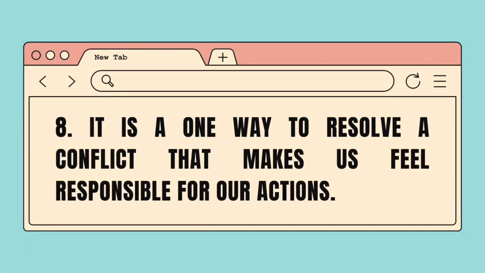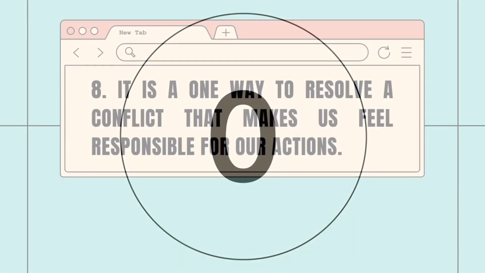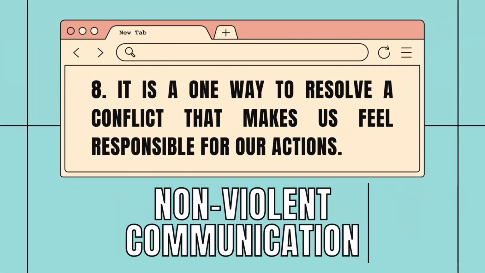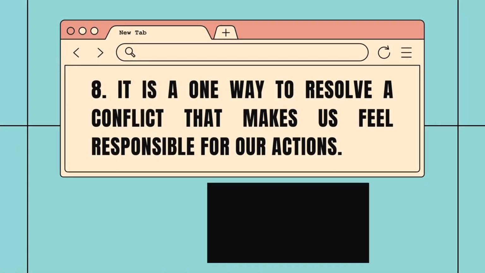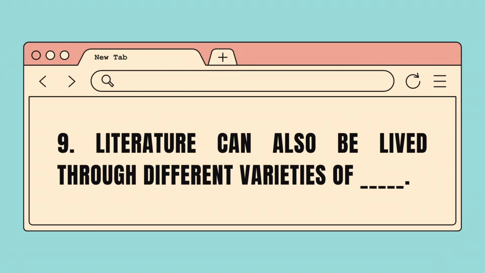Number 8. It is a way to resolve a conflict that makes us feel responsible for our actions. The correct answer is nonviolent communication. For number 9, literature can also be lived through different varieties of blank.